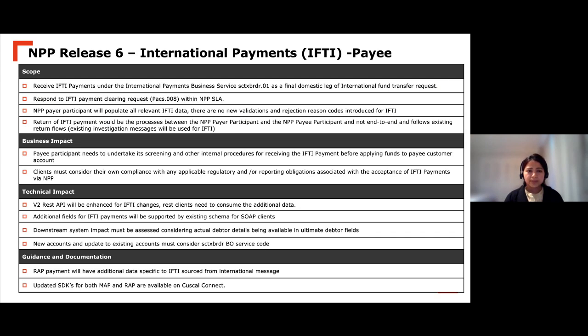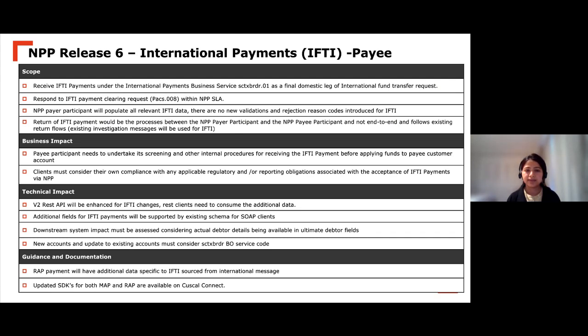Now, from the business impact perspective, the payee participant needs to undertake their existing sanction screening, fraud screening, and other internal procedures for receiving the FT payment before applying the funds to the creditor.